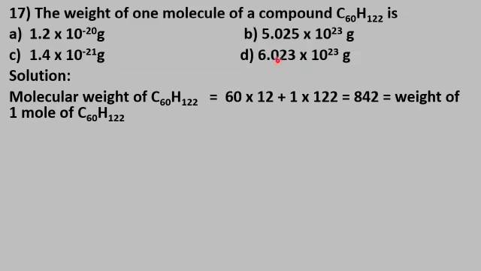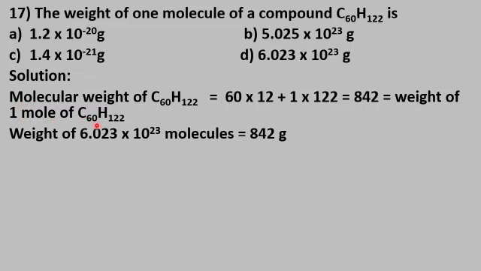So solution. Molecular weight of C60H122 is equal to 60 into 12 plus 1 into 122, equal to 842. So that is equal to the weight of 1 mole of C60H122. Weight of 6.023 into 10 raised to 23 molecules becomes 842 gram, because it is 1 mole of C60H122, so it is equal to Avogadro number of molecules.